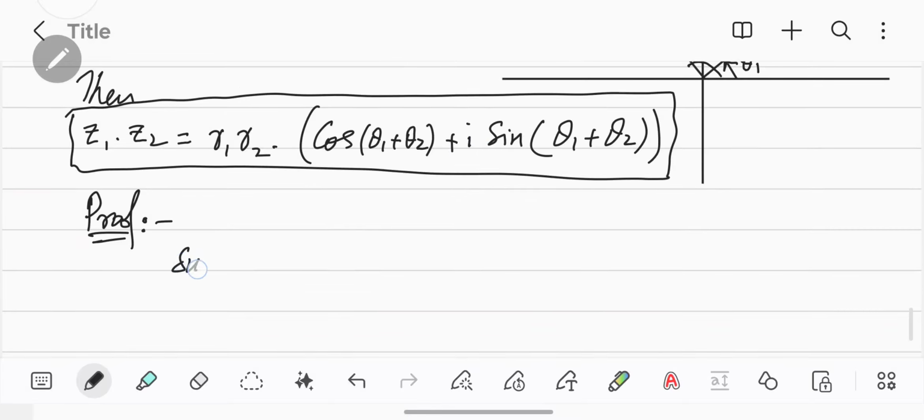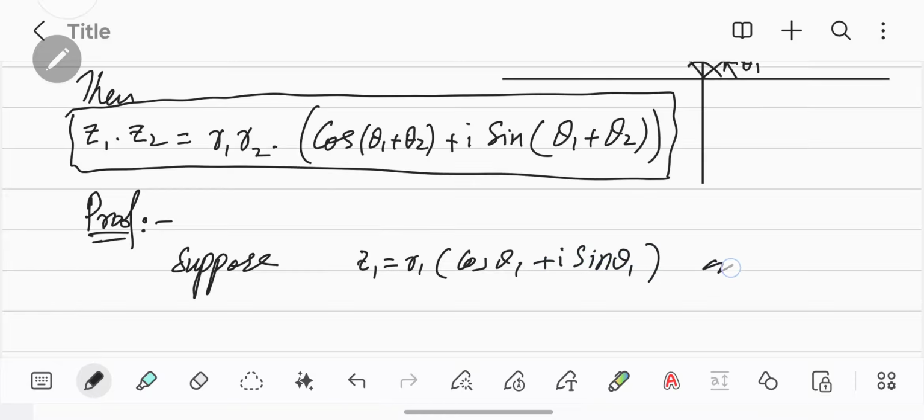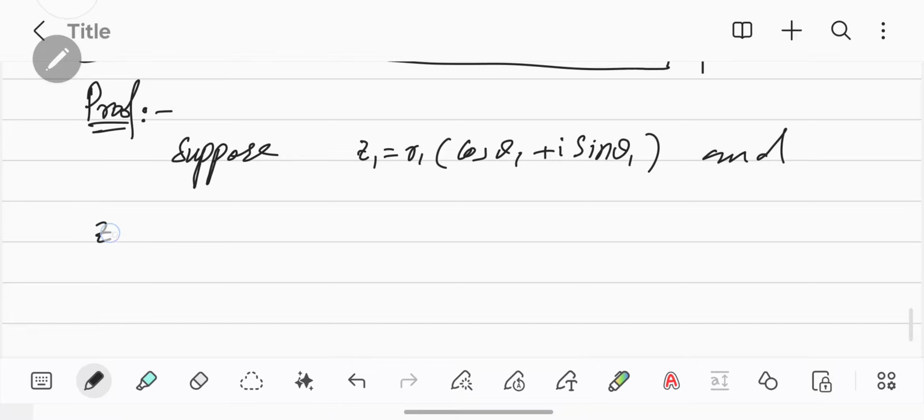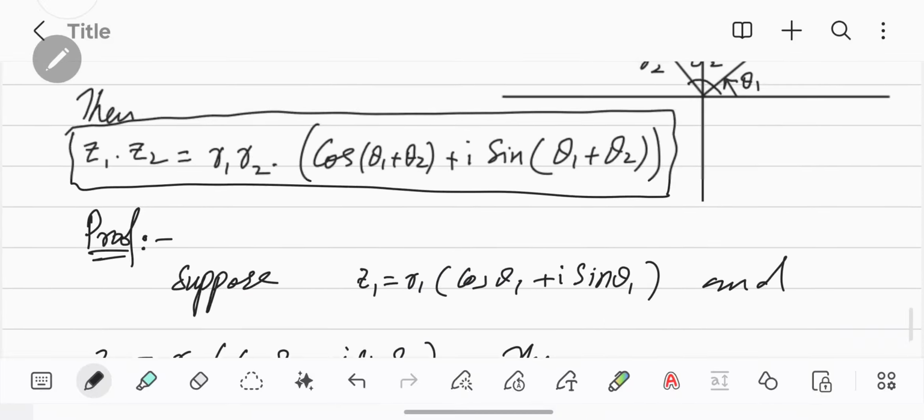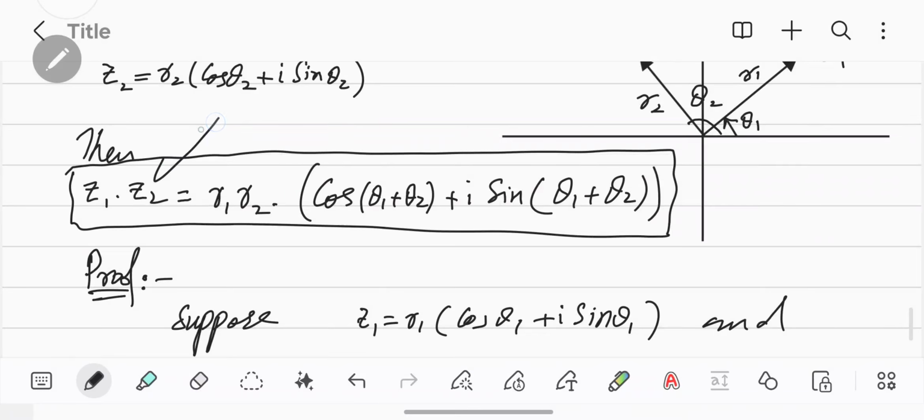So suppose z1 is r1 times cosine of theta 1 plus iota sine of theta 1, and z2 we have assumed is r2 times cosine of theta 2 plus iota sine of theta 2. Then we need to prove that z1 times z2 is equal to this.